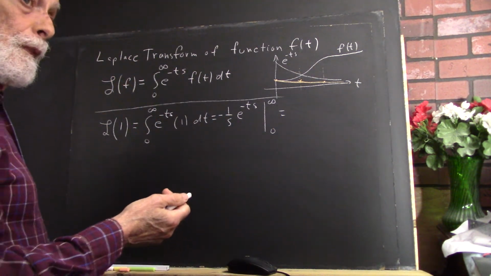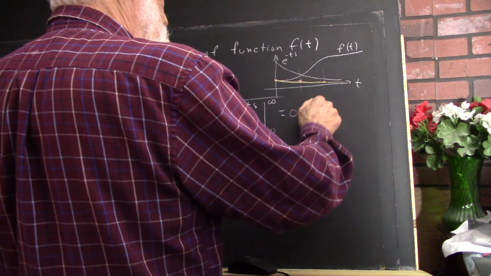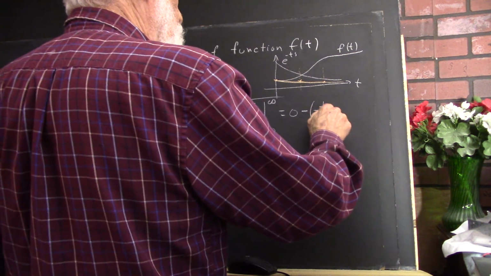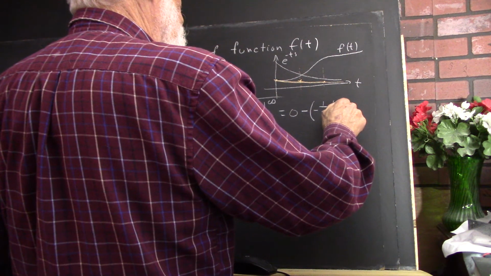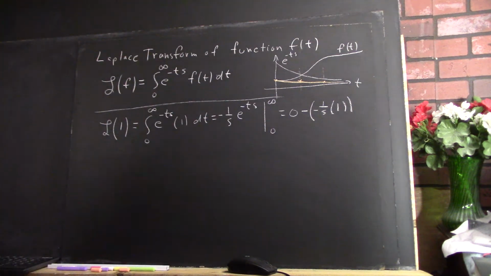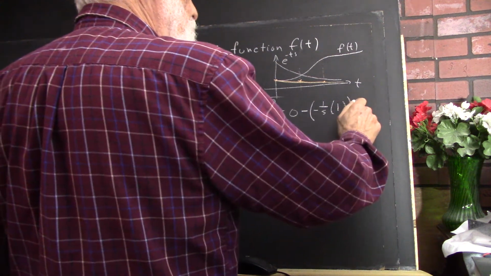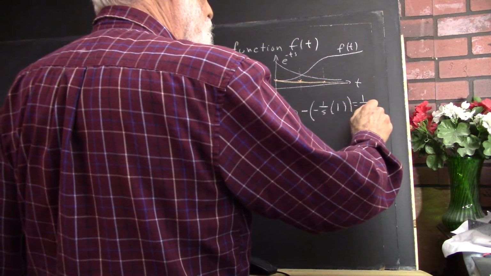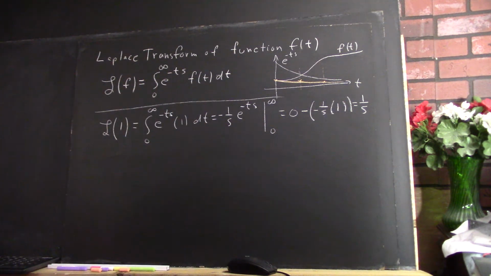At 0, so it's 0 minus negative 1 over s times 1. That detail should be pretty obvious, so I'm not going to belabor it. So you get 1 over s. Very simple.